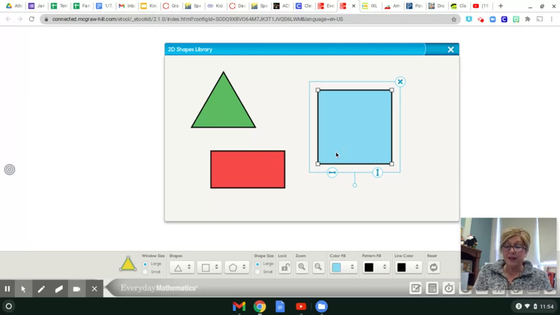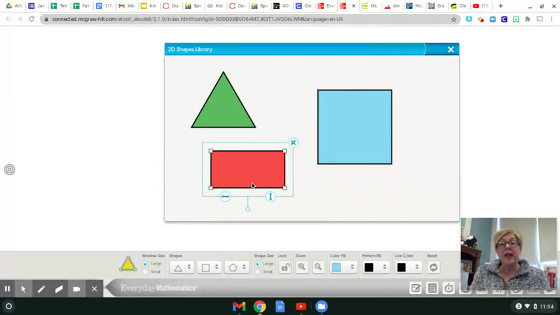They both fall into that category and they share that attribute, but a square is different because all four sides of a square are exactly the same length. So they must be the same in order for it to be considered a square. Okay, but it does have four sides like a rectangle and four vertices like a rectangle. So they do share those attributes.